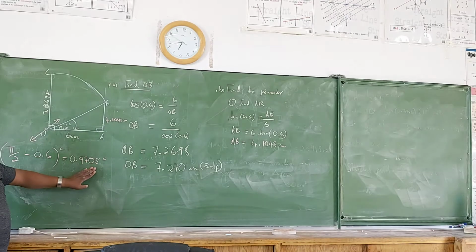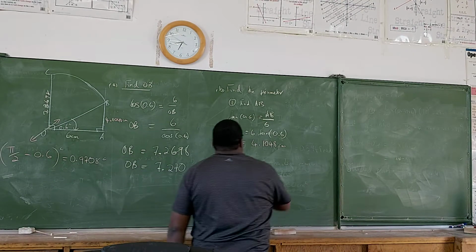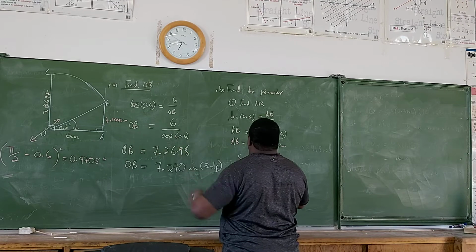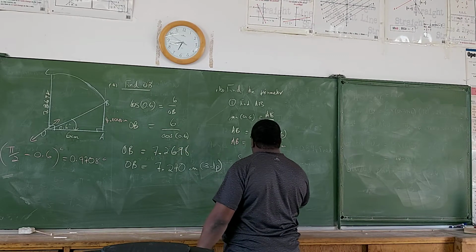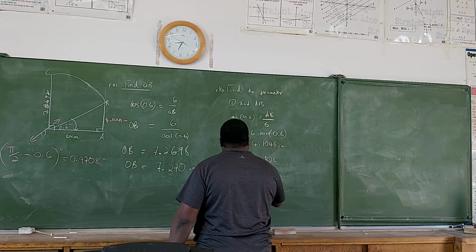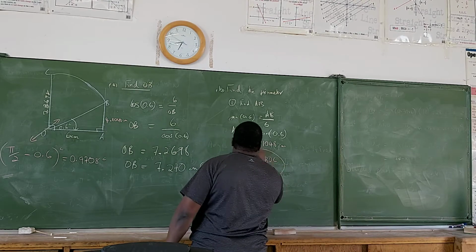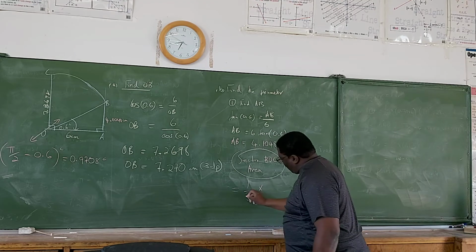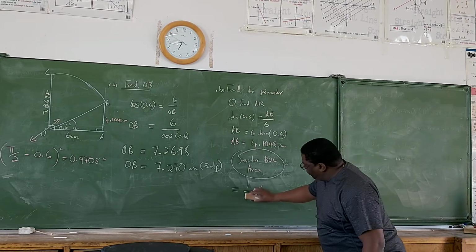Okay? Right. So now I can find the area of sector BOC. We use the formula. So that's going to be a half times, by the way, this is a half, looking for the area.